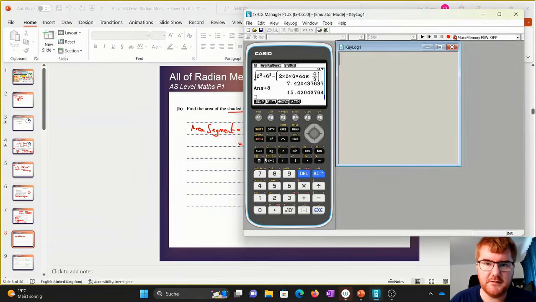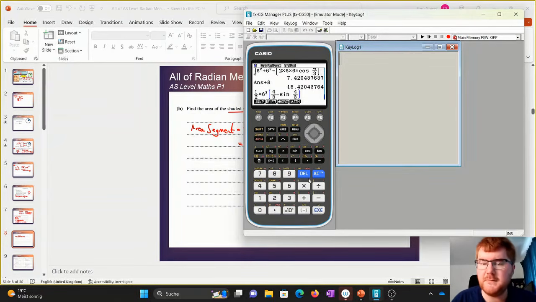Okay, so we go half, or 0.5, times 6 squared, open brackets, we have 4/3 minus sine 4/3, close brackets, everything correct.